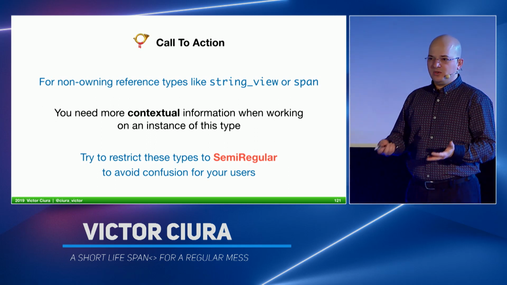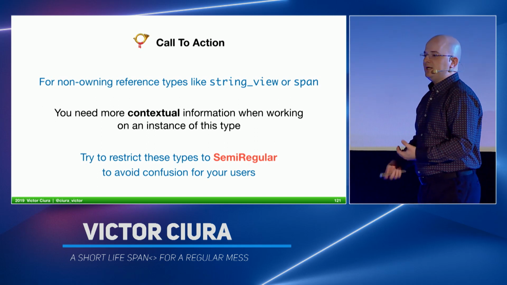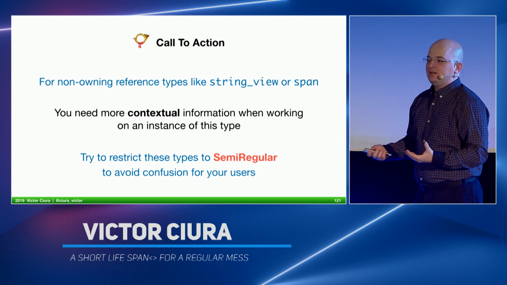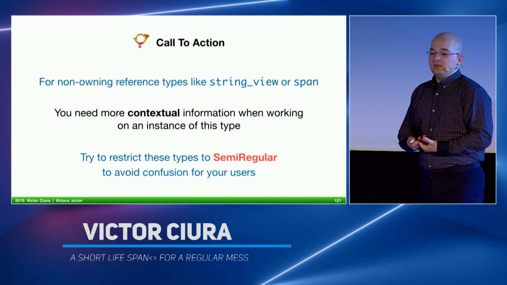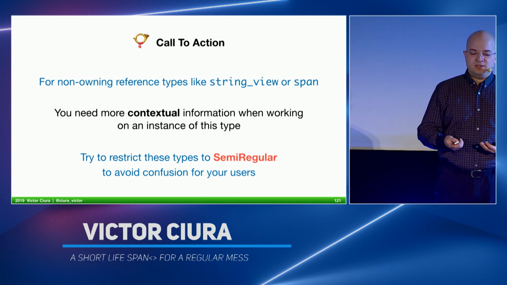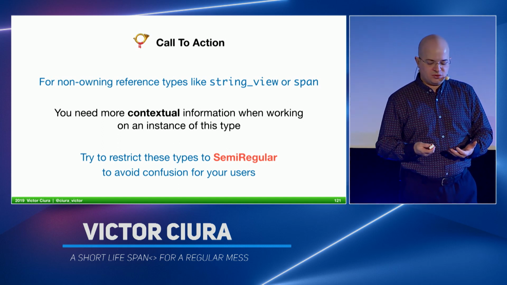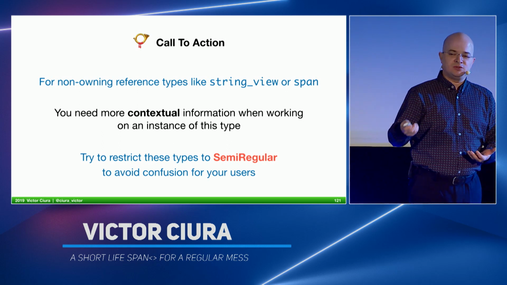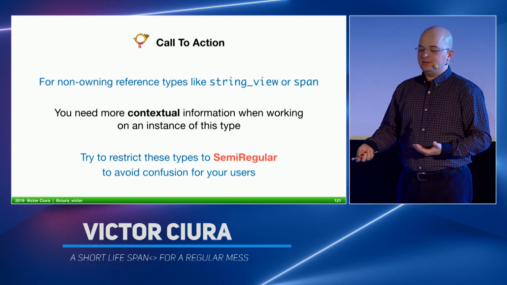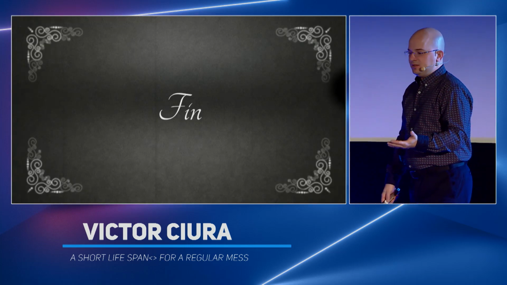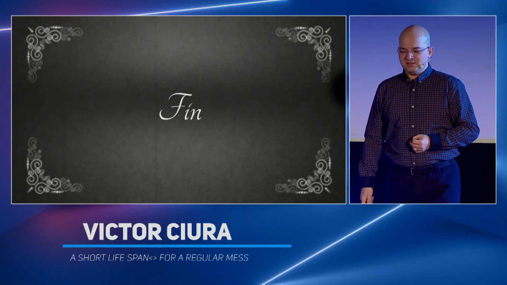Make your types honest. Don't pretend it's regular and provide some weird behavior about comparing those types and assigning those values. Try to be honest. If the usage you are trying to impose on the users of your code looks weird, you better not provide it. So that's the story of my span.